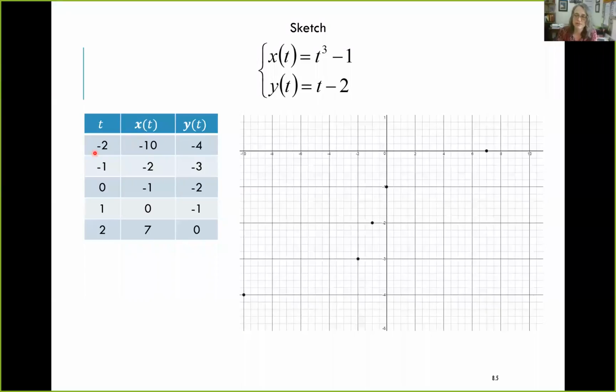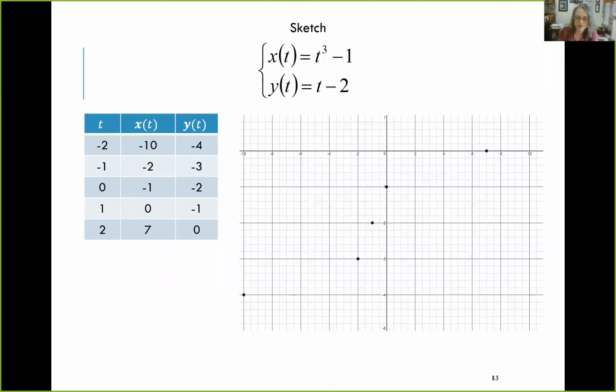So all I did here was I created this table. I picked some values for t, and I plugged t's into the equation for x, and I got out some values for x. And I plugged these same t values into my equation for y, and I got out some y's. And then I just plotted those on a standard x-y curve.